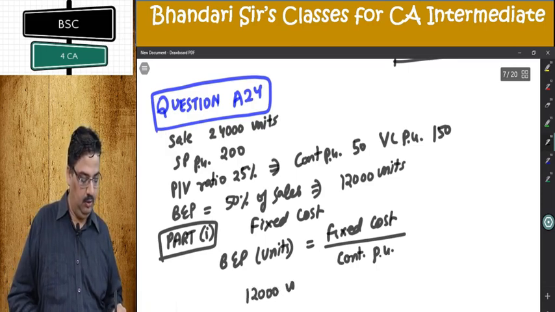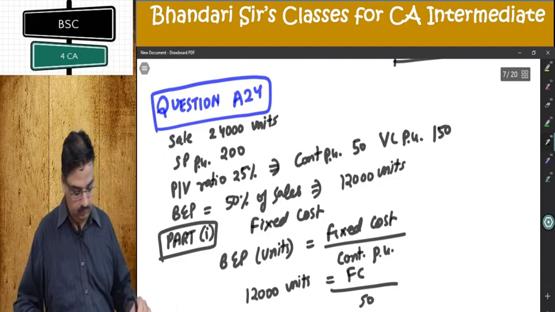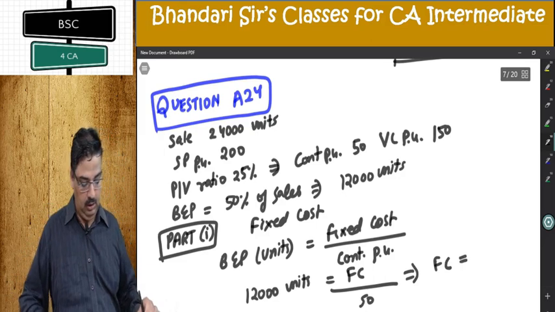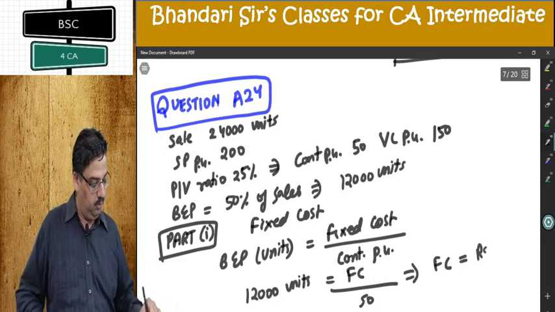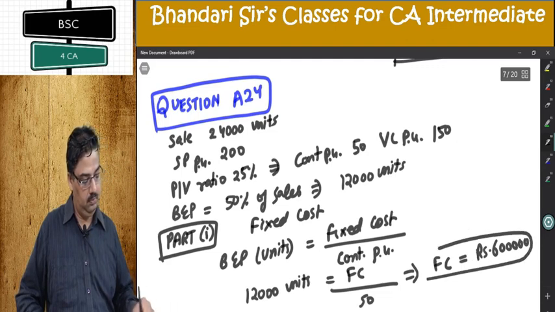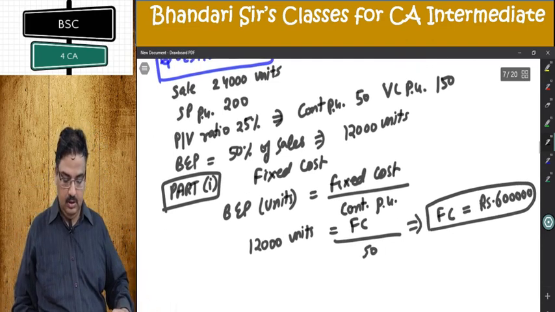So 12,000 units equals fixed cost divided by 50. From there I get fixed cost equal to rupees 6 lakh. That is the first part answer. Second part.